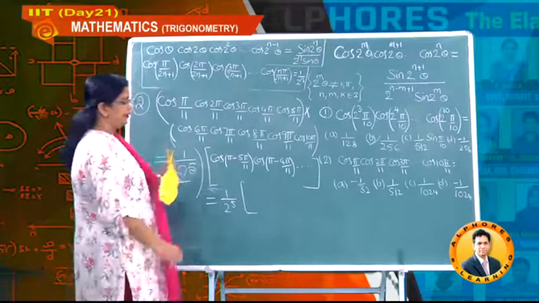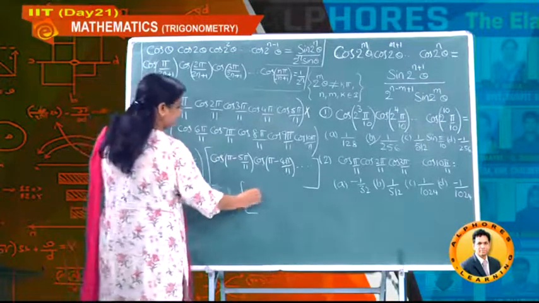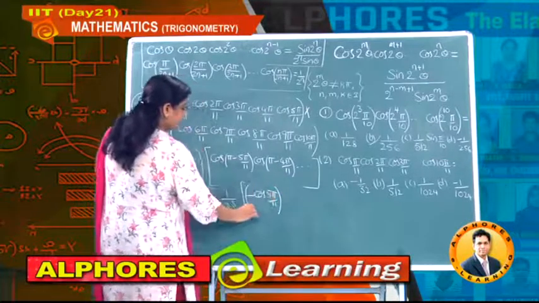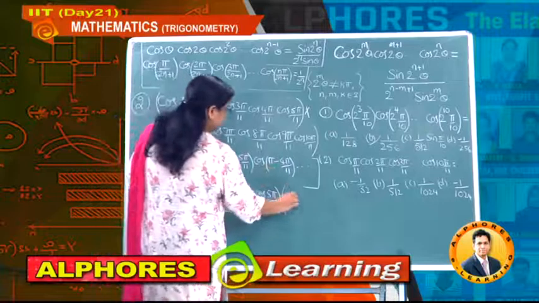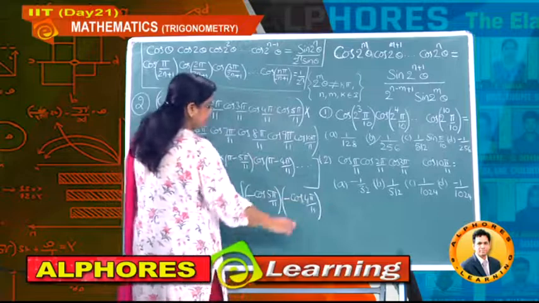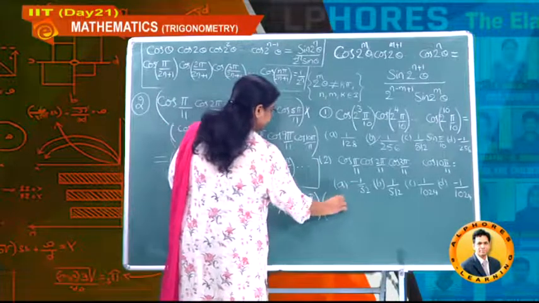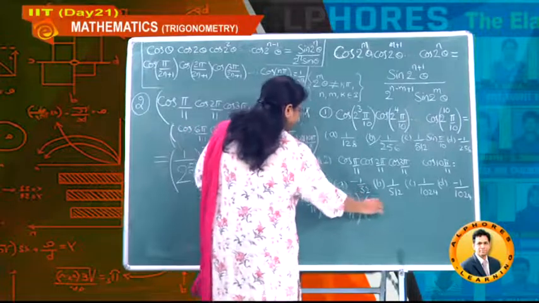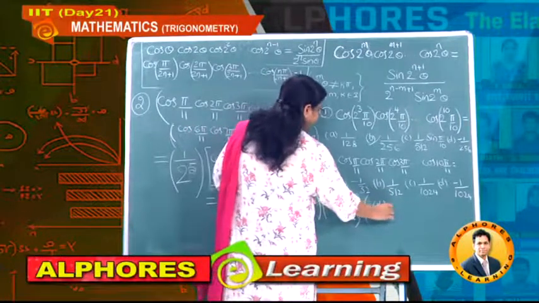Now the second bracket, what about these values? 180 minus theta. Therefore this is nothing but minus cos 5 pi by 11. And next value, this is minus cos, how much here? 4 pi by 11. Like this, the other value minus cos 3 pi by 11. Like this we write up to where actually it is pi by 11.